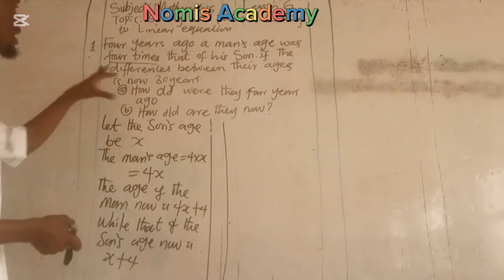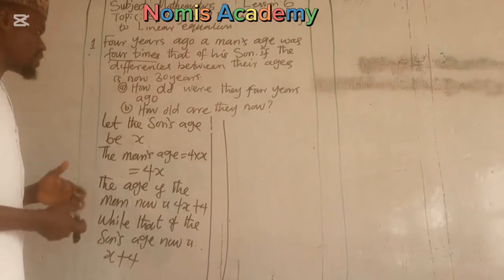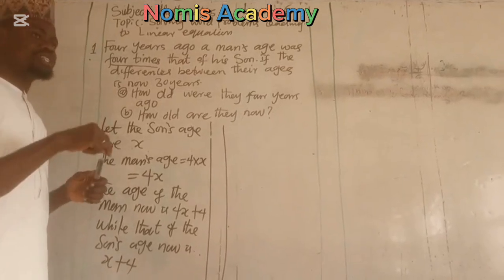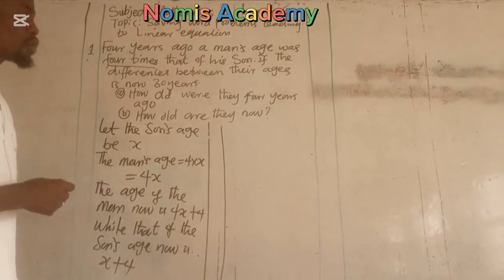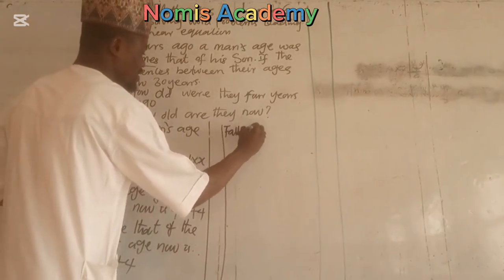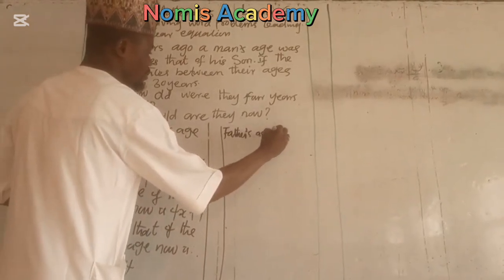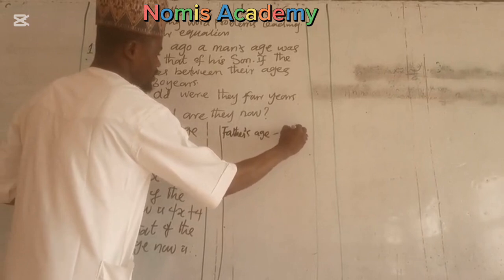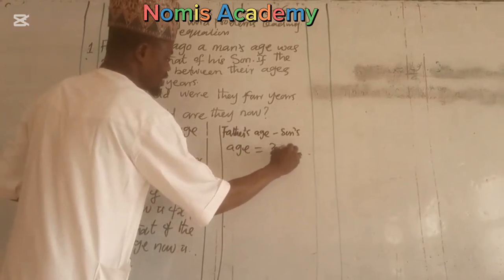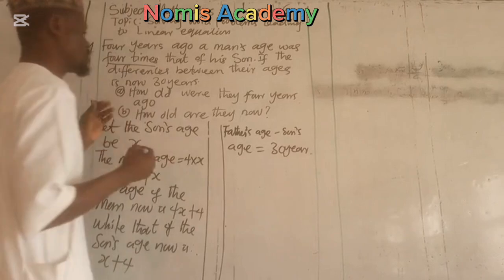Now, the difference between their ages is now 30 years. You have to consider that the father's age must be greater than that of the son. So we take the father's age minus the son's age, and the difference is now 30 years. This is what the relation is talking about.